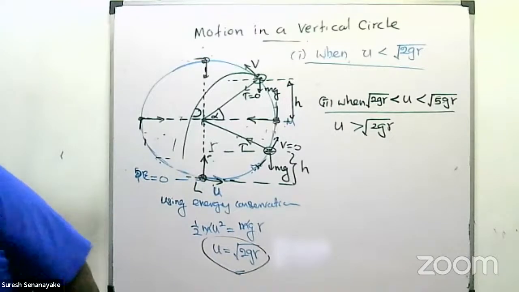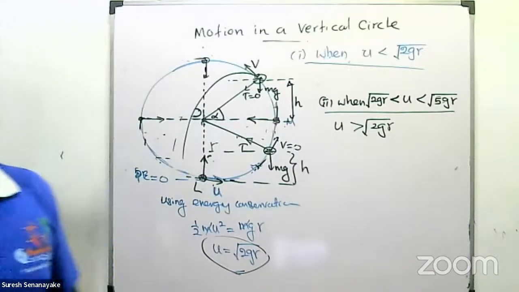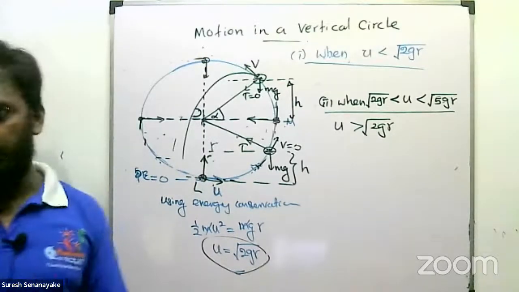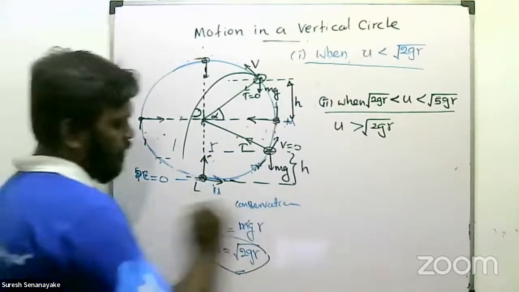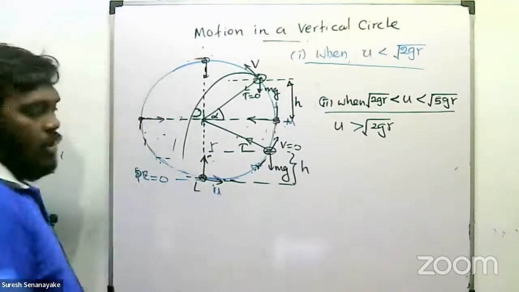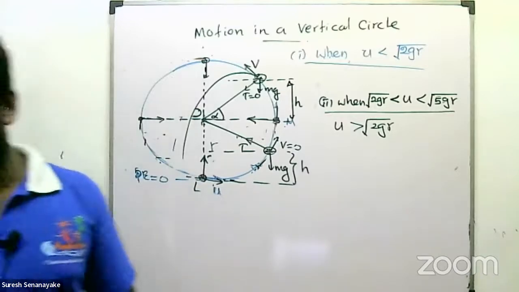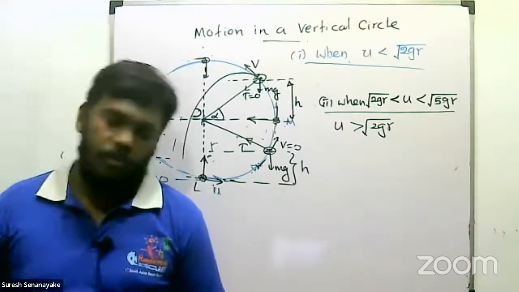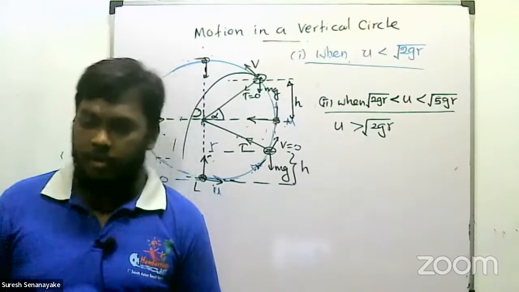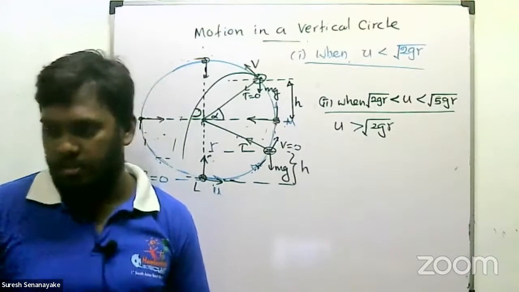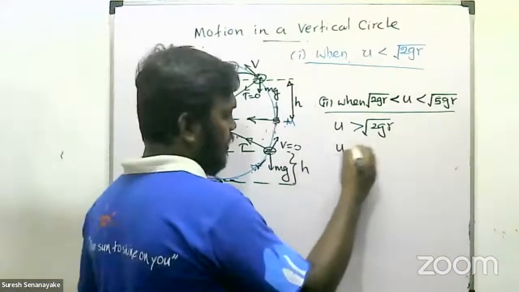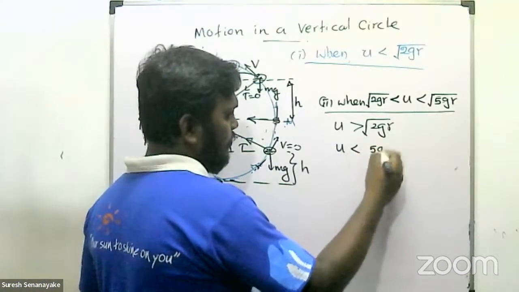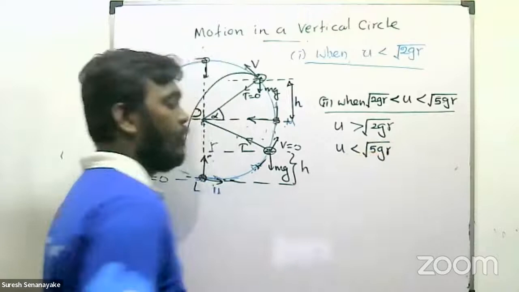But it cannot go up to the position capital H, because u is less than the square root of 5gr.